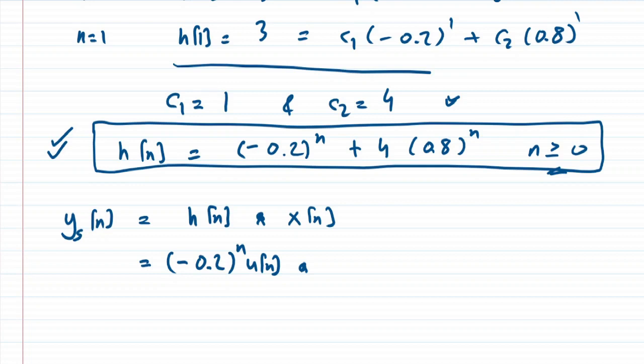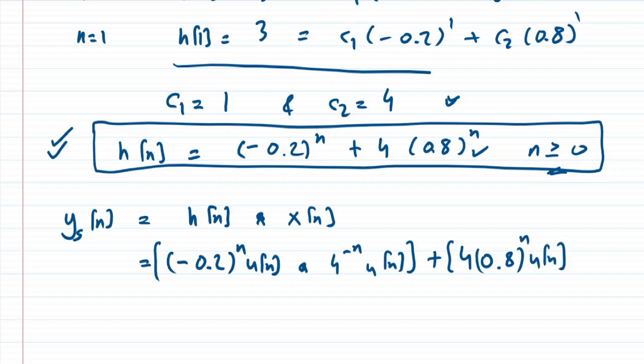This is going to convolve with the input, which is simply 4 power minus n u of n, plus, again we have 4 over here, so 4 times 0.8 power n u of n, and this is going to be convolved with the input again, that is 4 power minus n.